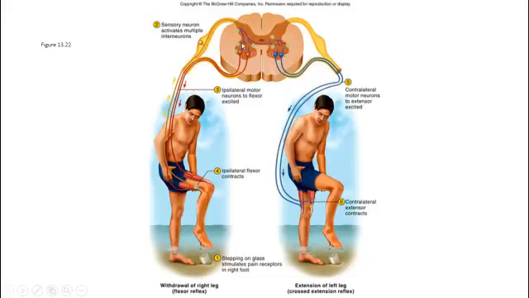There's no sending information up to the brain. We don't wait and say, oh, I think I'm stepping on a piece of glass. I should probably pick up my foot. It's a reflex. It happens very, very quickly. And again, it's just sensory input, motor output. And lucky for us it does, because that's a very protective element for us.